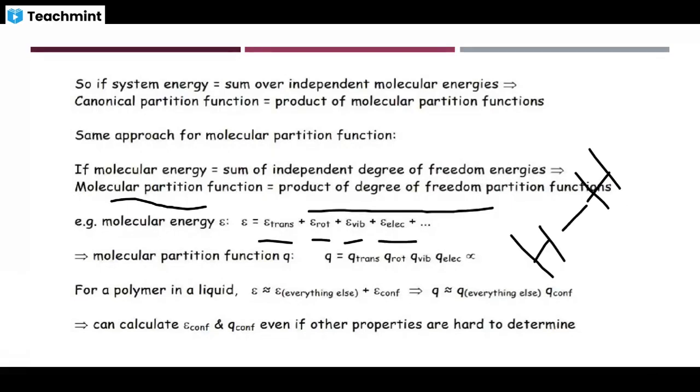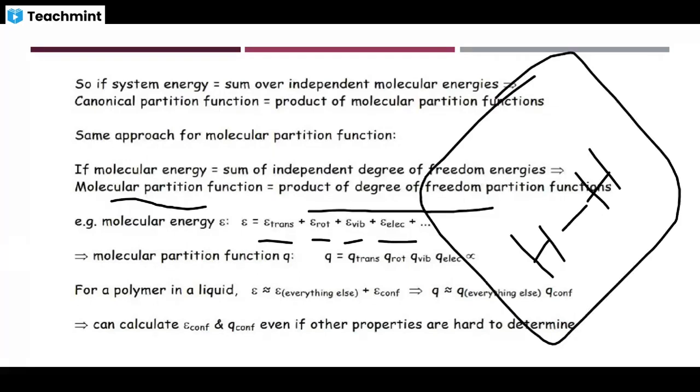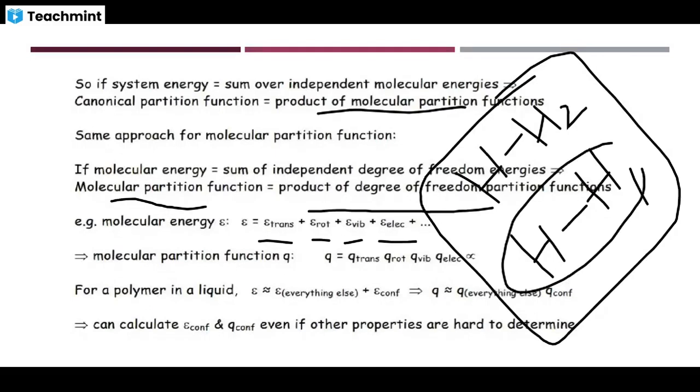If you take a system of many hydrogen molecules, hydrogen 1, hydrogen 2 and so on, the canonical partition function is for the whole system, a product of molecular partition functions. Each molecular partition function contains different degrees of freedom, like rotational and vibrational. So the molecular partition function q can also be written as a product over degrees of freedom.